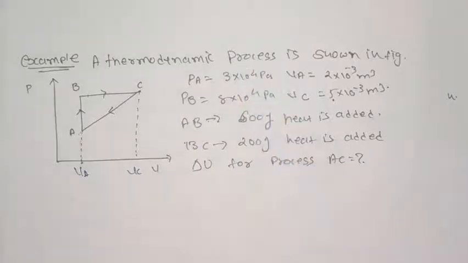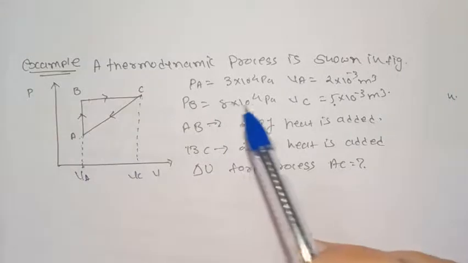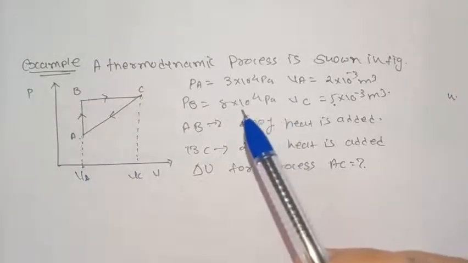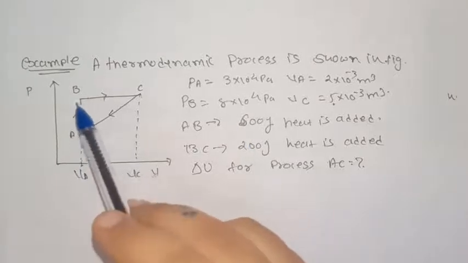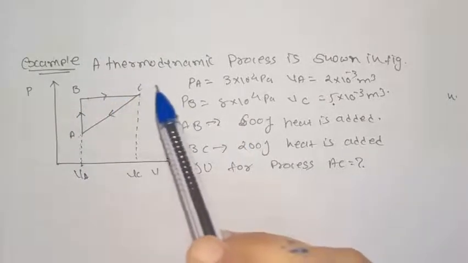Since internal energy is a state function, the change in internal energy during the process AC will be the same as that during the process AB plus BC.